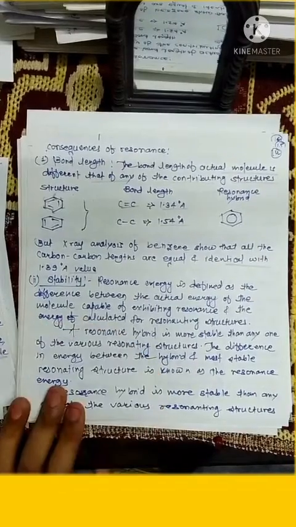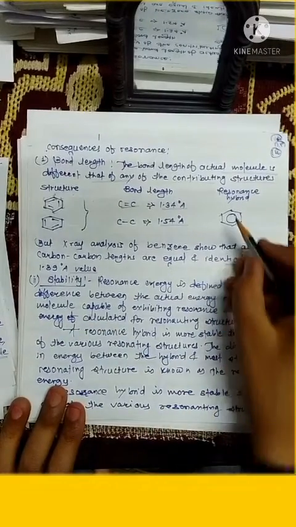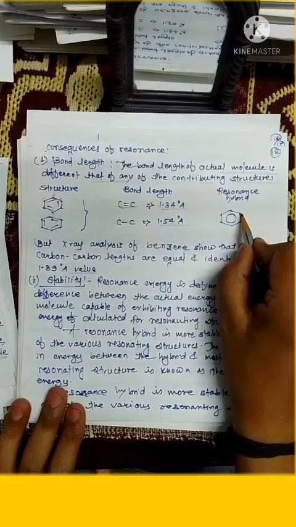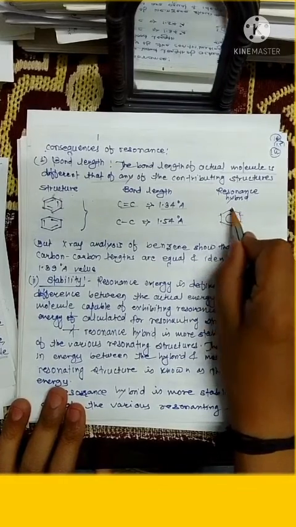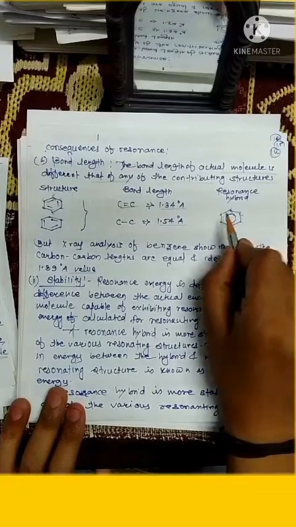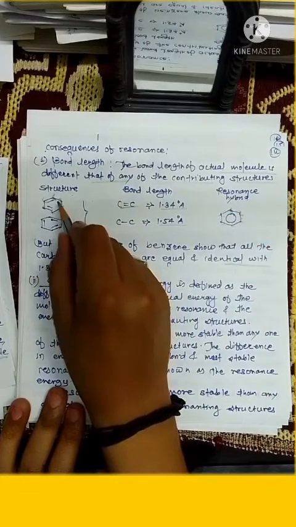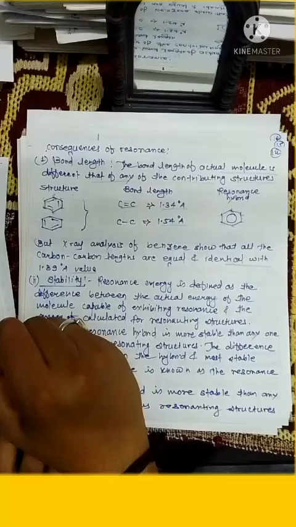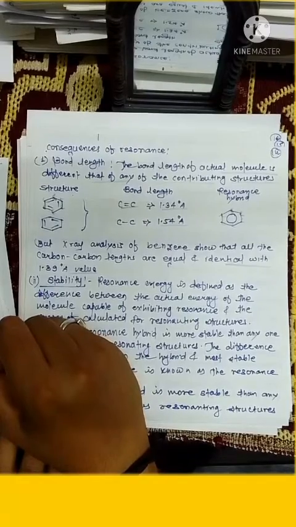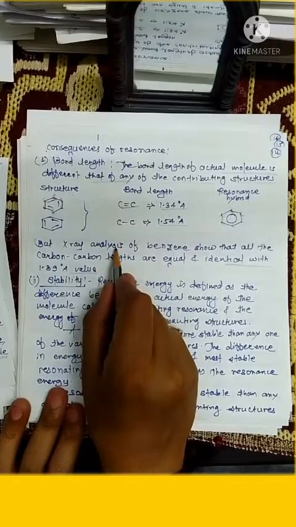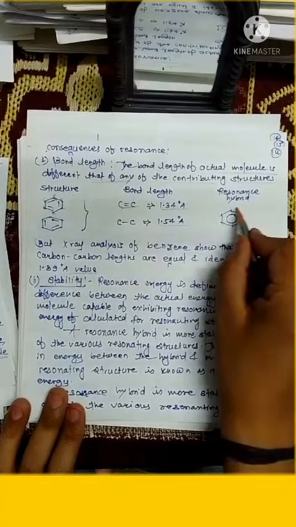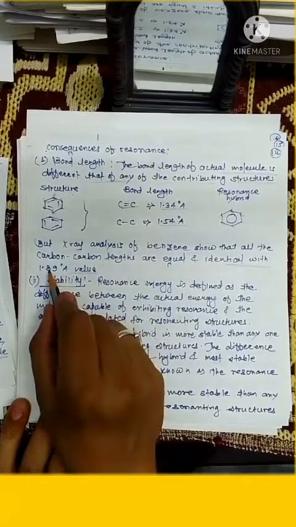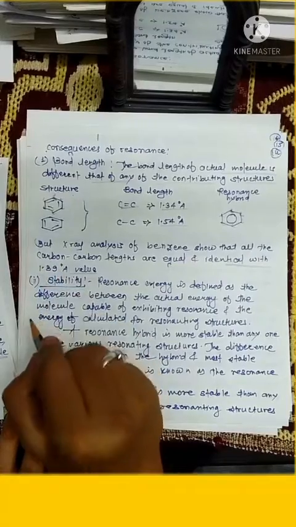So the actual structure of benzene is like this. It is not the canonical form of benzene, because X-ray analysis confirms that all the bond lengths in benzene have an equal value, that is 1.39 Angstrom.